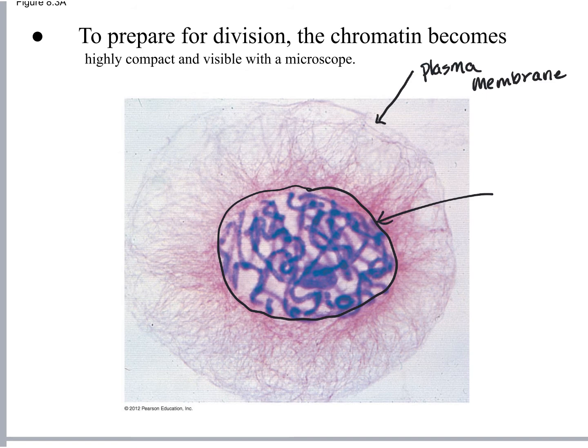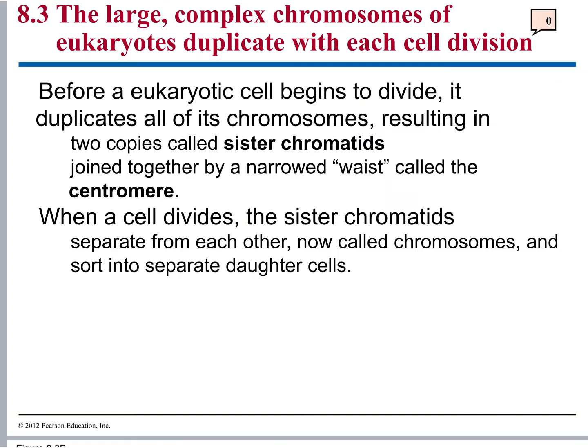We'll draw in the nuclear membrane as well. And those purple strands that you see, that's the chromatin. Normally, if a cell is not preparing to divide, you wouldn't see the chromatin condensed like that in the nucleus. It would be more spread out. But just before a cell begins to divide, that chromatin becomes really condensed and becomes visible beneath a microscope.